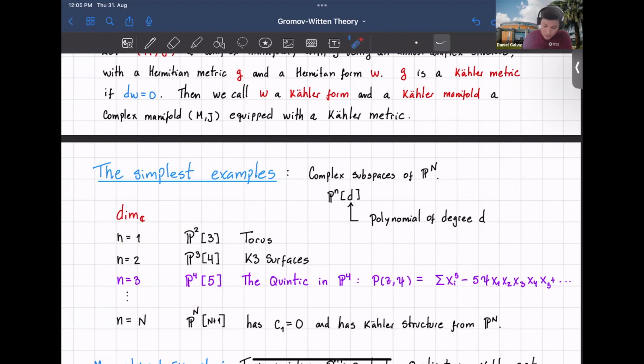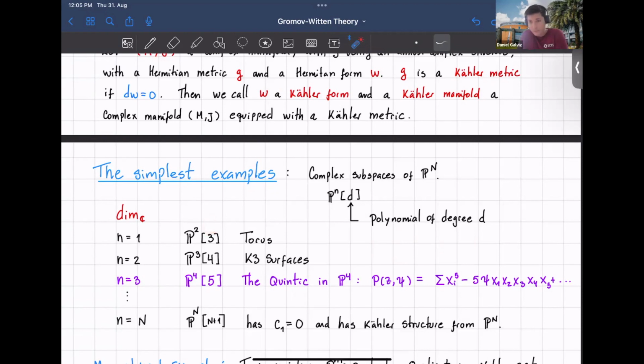And then the Calabi-Yau here is a polynomial of degree 3 inside P2. So this is a polynomial of degree 3, for example, something like this, plus something else. Of course, you can have polynomials of other degrees here.